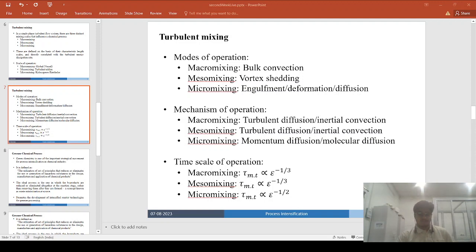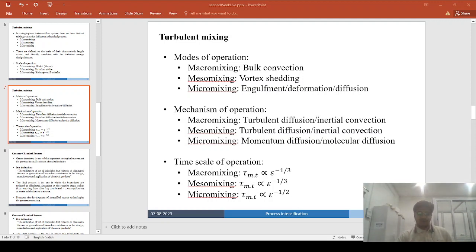For macro mixing it is minus 1/3, and the same for the meso mixing case, inversely proportional to the order of 1/3. In the case of micro mixing it is also inversely proportional, but it is 1/2, or inverse square root.